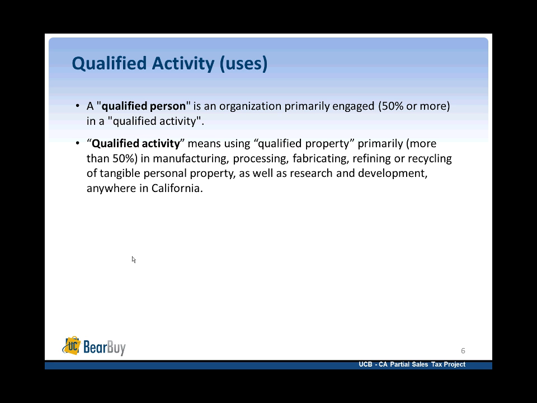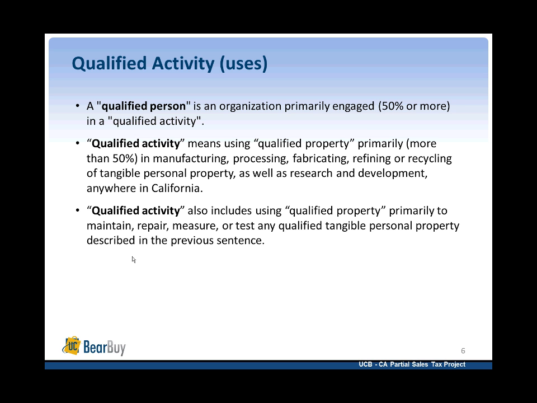When we say qualified activity, this mainly means using the property that's being purchased, primarily meaning more than 50% of the time, in manufacturing, processing, fabricating, refining, or recycling of tangible personal property, as well as research and development anywhere in California. So key here is that the manufacturing or the equipment needs to be used in California for research and development.